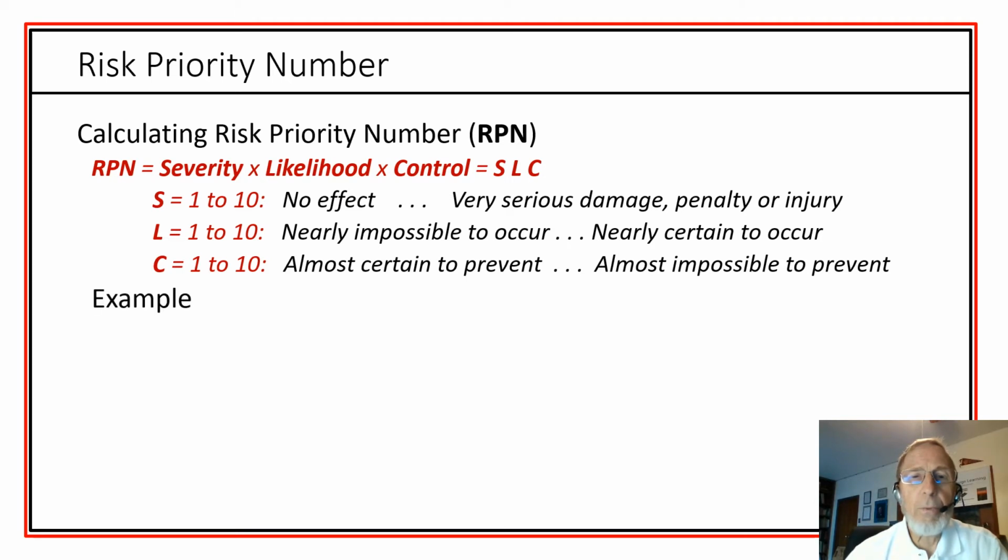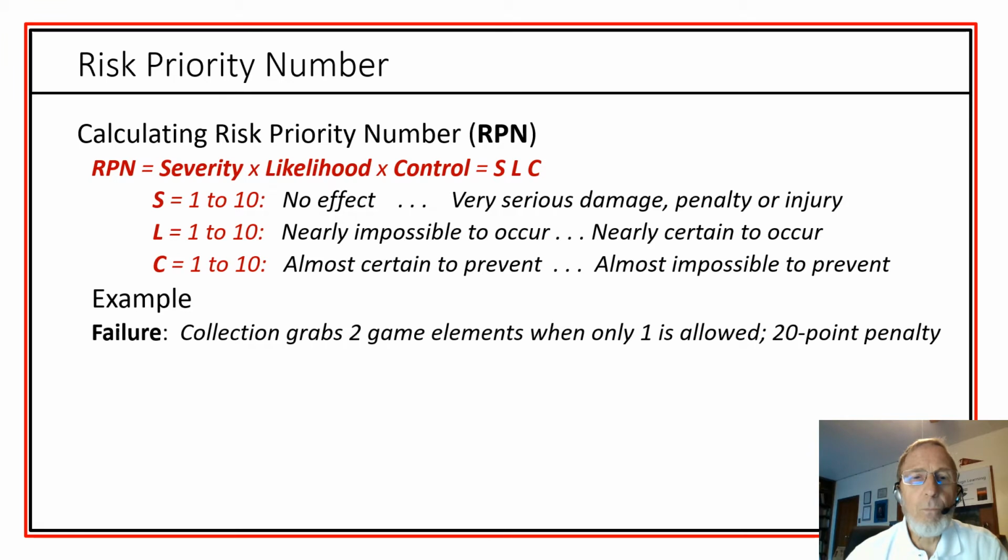So let's take a very quick example here. Let's say we're talking about a failure that is grabbing 2 game elements when only 1 is allowed. So our collection system is out there collecting, and it happens to grab 2 game elements. And the consequence of this could be that we would be assessed a 20-point penalty. So let's think then about the seriousness, the likelihood, and control.